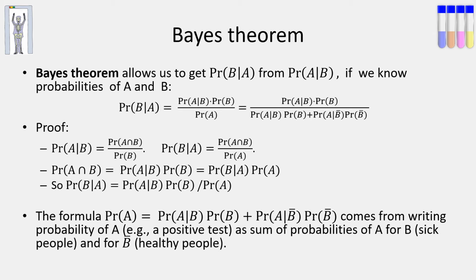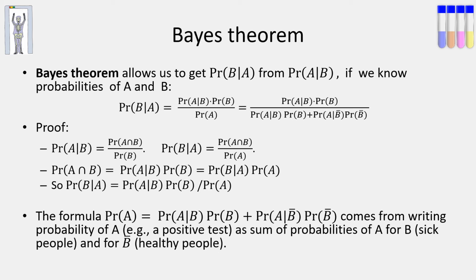And now we are done. We got our Bayes' theorem. If we have A given B and want to calculate B given A, well, we take this expression, divide through by probability of A, and now we got a formula for probability of B given A. If we have probability of B given A and want probability of A given B, we divide by probability of B and again get another instance of Bayes' theorem.